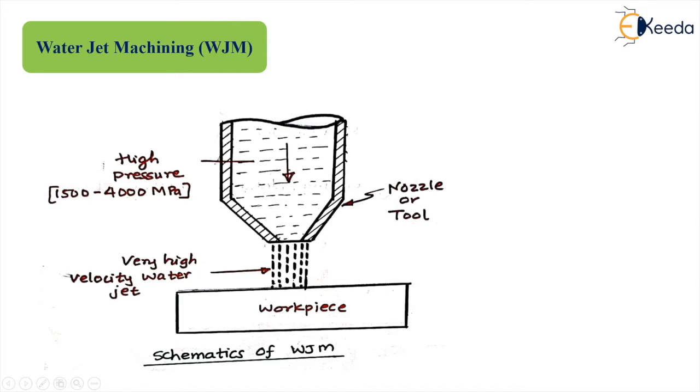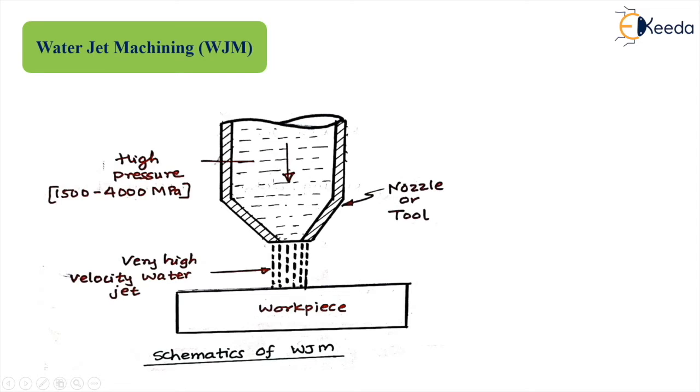When this high velocity water jet is impinging on the work surface, there is an impact on the work surface, and this continuous impact load will produce deformation or fracture on the work surface. So the mechanism by which the material removal takes place in water jet machining is the plastic deformation as well as the fracturing of the workpiece.